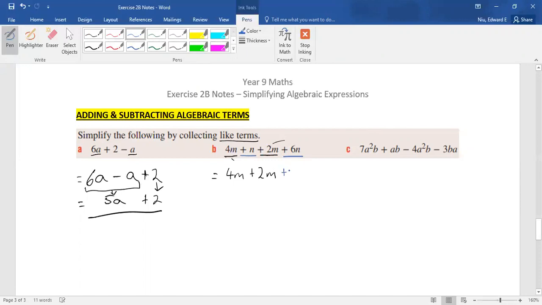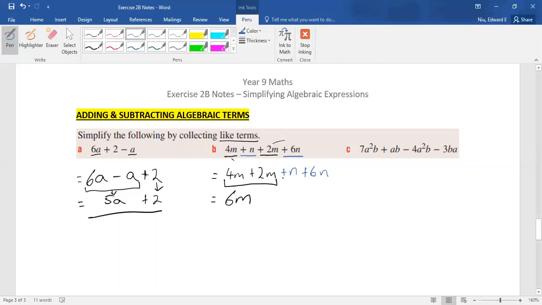These two are like terms. So we've grouped our like terms together, and now we add the numbers together. 4 plus 2 gets us 6m. Notice how the m doesn't turn into m squared because it's not multiplying. Please, please don't change the power whenever you're adding and subtracting algebraic terms.